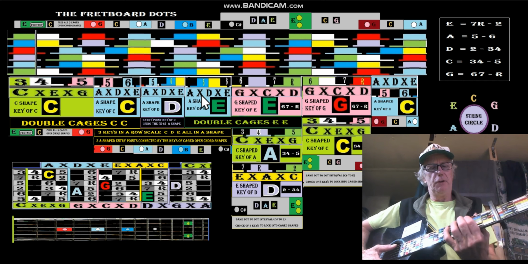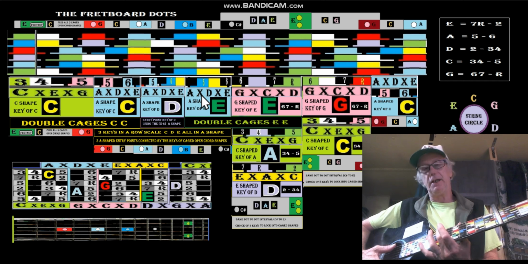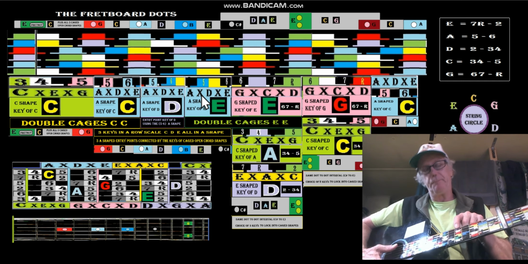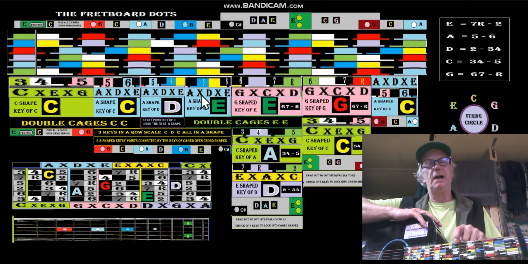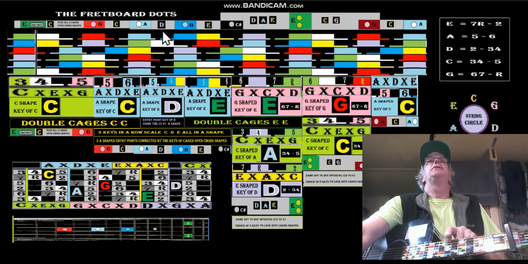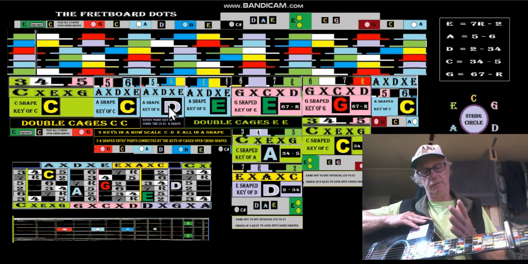And so if there's a dot on the G, a dot on the A note, a dot on the B note, say between the A dot and the B dot here, what we would have is an A-shaped key of D pattern, and it would be an entry point for the key of D.